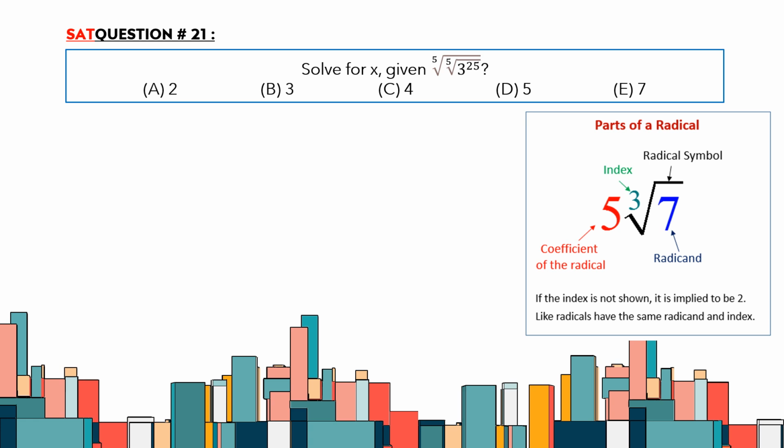Like radicals have the same radicand and index. So for example, if we have 5 cube root of 7, it means you have 5 cube root of 7 added together.